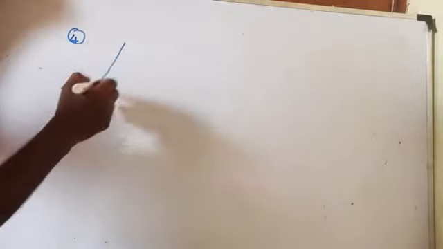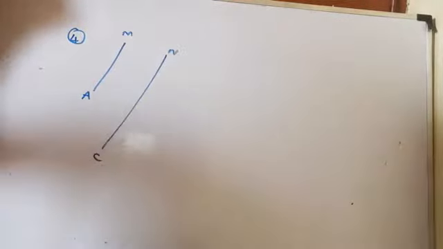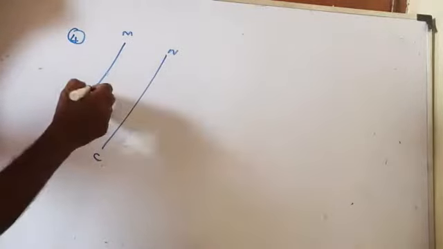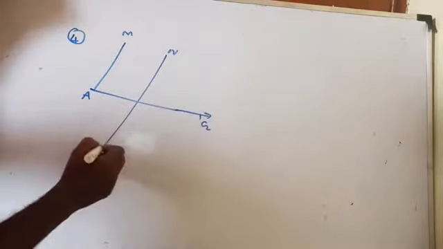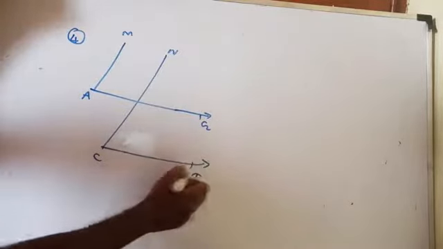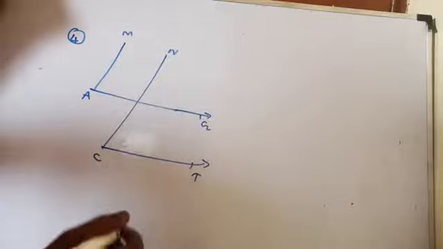AM is parallel to CN. The line AG is parallel to CT. Am I right here? Yes. Now you have to find the values of the unknowns X, Y and Z.